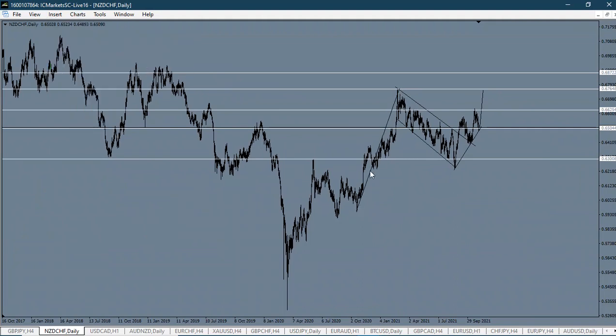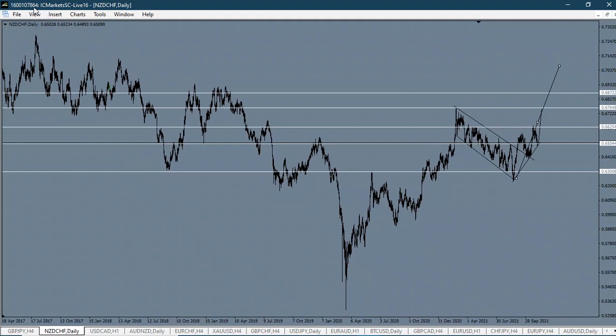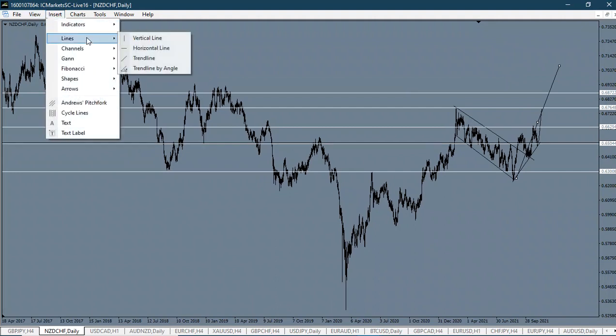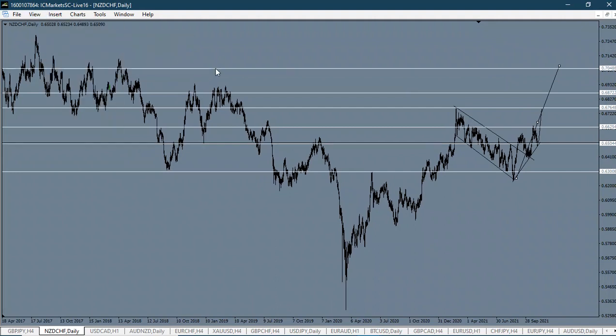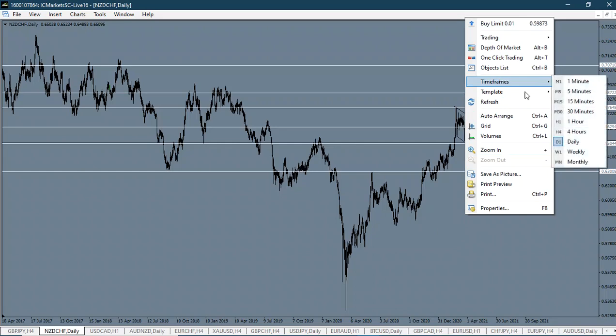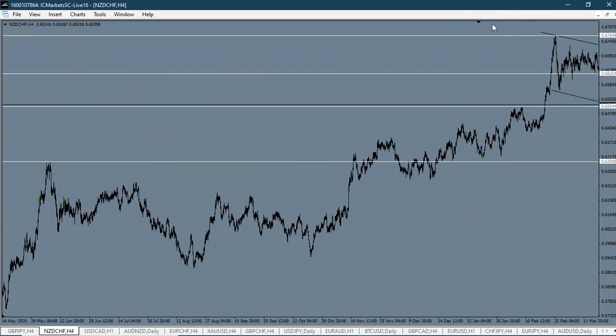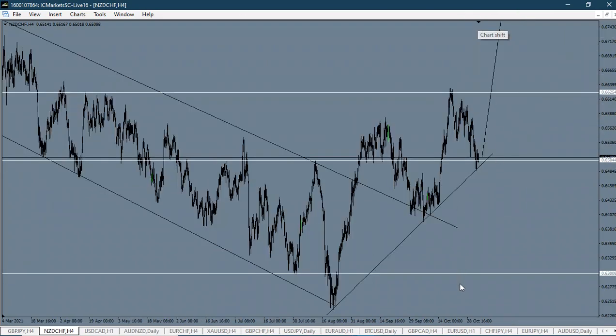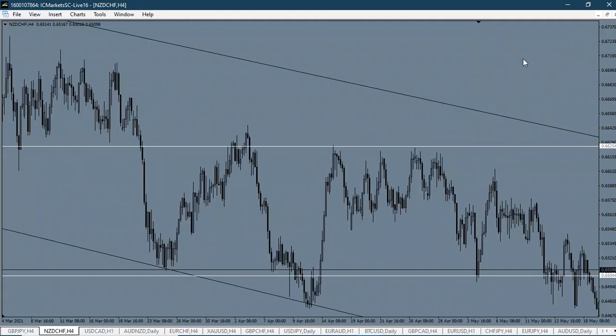A push towards the upside, correction, and another push towards the upside right there. That's what we'll be expecting eventually, but for now let's go to the lower time frame to see how we can use the information that we have to our advantage.